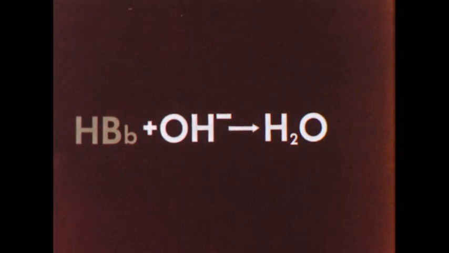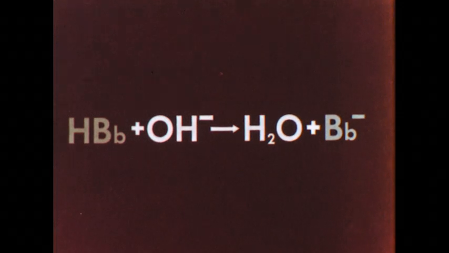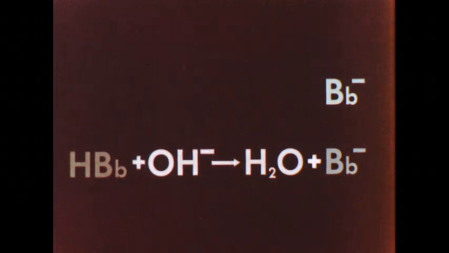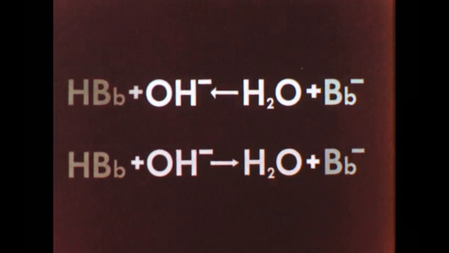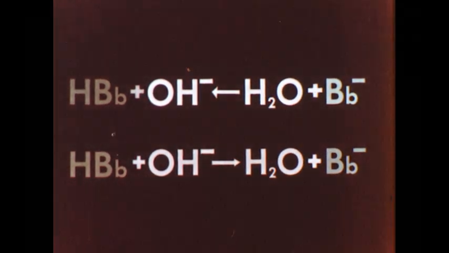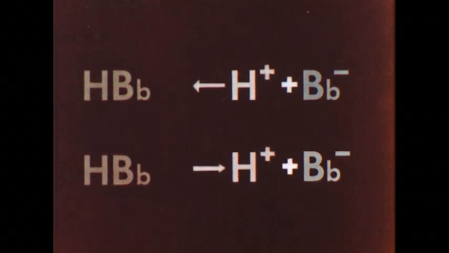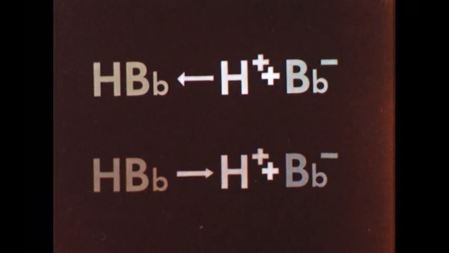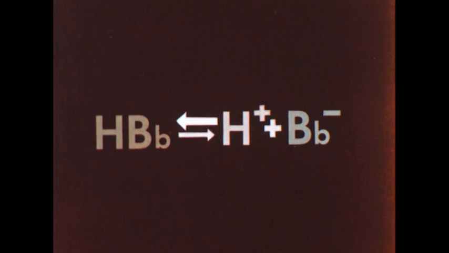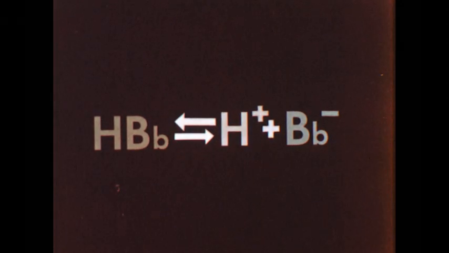Acting as an acid, bromothymol blue donates a proton to a base like hydroxide ion, giving water and the blue basic form. Similarly, the blue form, acting as a base, can accept the proton to give the yellow form again. If we consider only loss and gain of a proton by the indicator, we get these simpler equations. We can combine these to give a single equation showing proton transfer to and from the bromothymol blue.